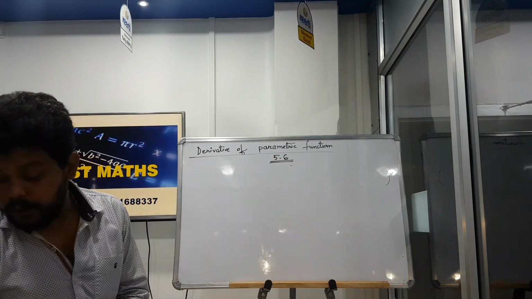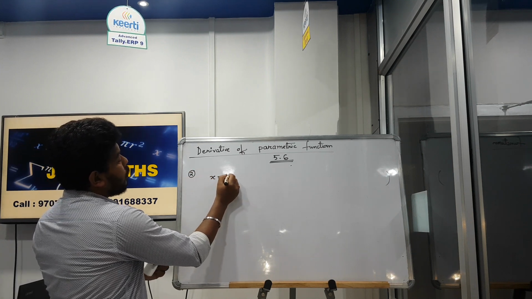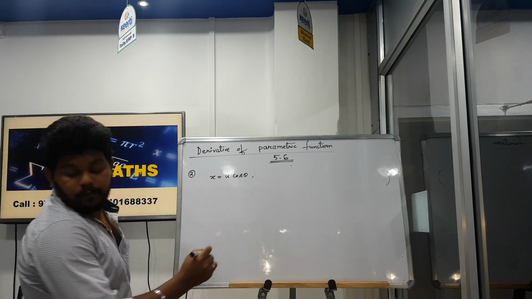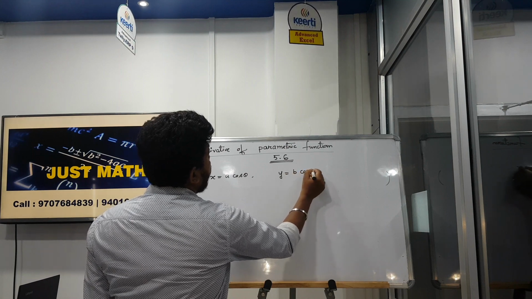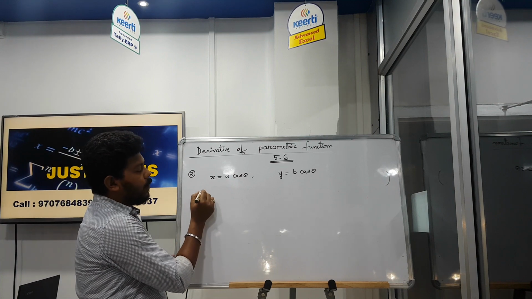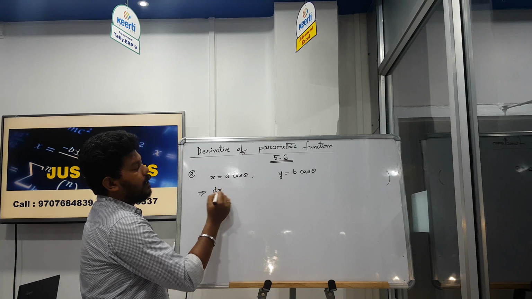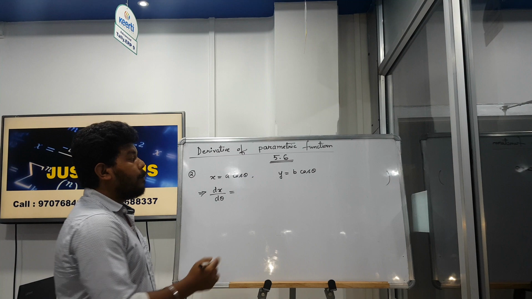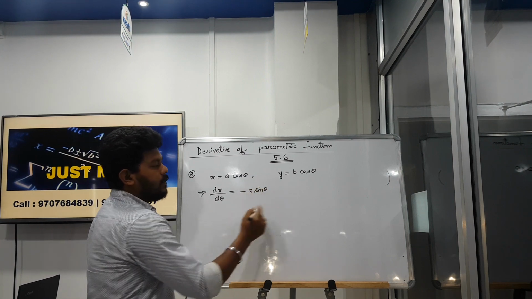Now number 2. X equal to a cos theta and y is equal to b cos theta. Now we will differentiate with respect to theta. dx by d theta is equal to, for cos theta, derivative is minus sin theta. A into minus sin theta. It is minus a sin theta.